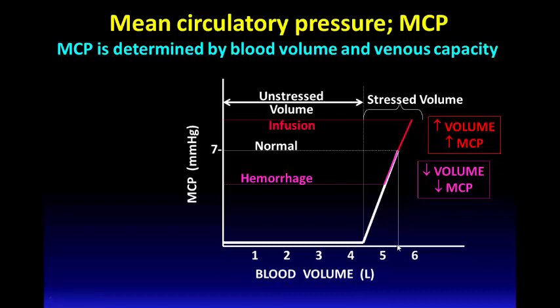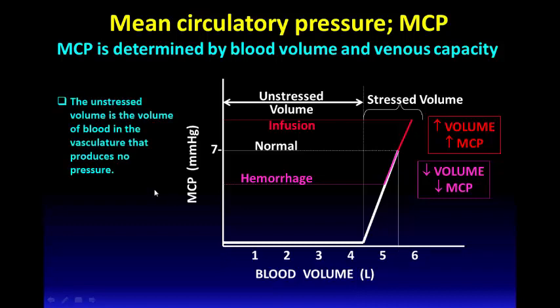This total blood volume can be physiologically divided into two volumes. The first volume is known as the unstressed volume, which is defined physiologically as the volume of blood in the vasculature that produces no pressure. So here we have the unstressed blood volume. It is at this unstressed blood volume that the mean circulatory pressure is approximately 0.